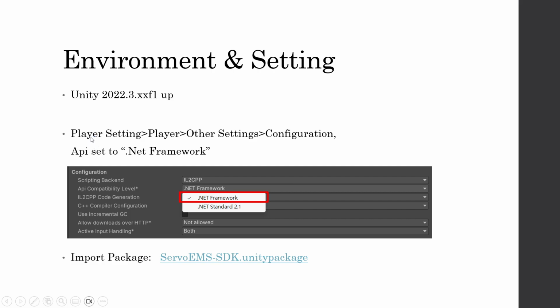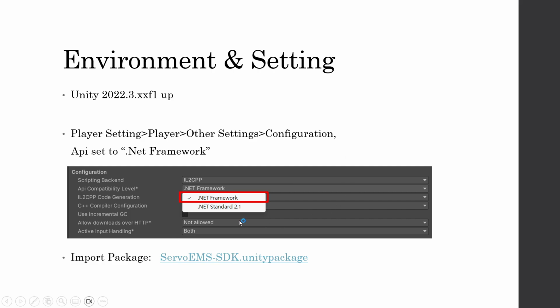Another thing, before you import the package, to avoid a lot of errors popping out, you need to go to the player settings, other settings, configuration part, and set your API to the framework. New Unity projects initially set this API to .NET Standard 2.1, and you need to manually set it to .NET Framework, so you can read the serial port data.